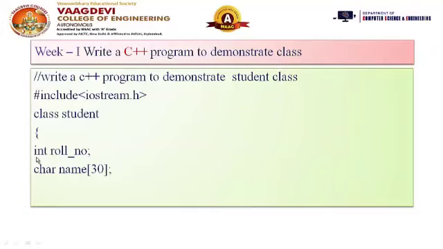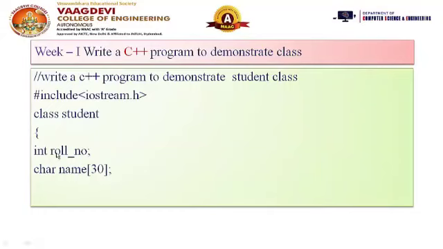In the next statement, inside the class, here I am declaring data members roll number, name. Here I have not declared any access specifier. So by default the roll number, name are private data members.